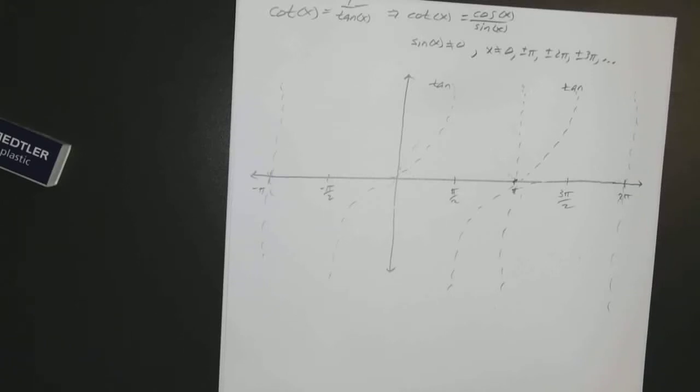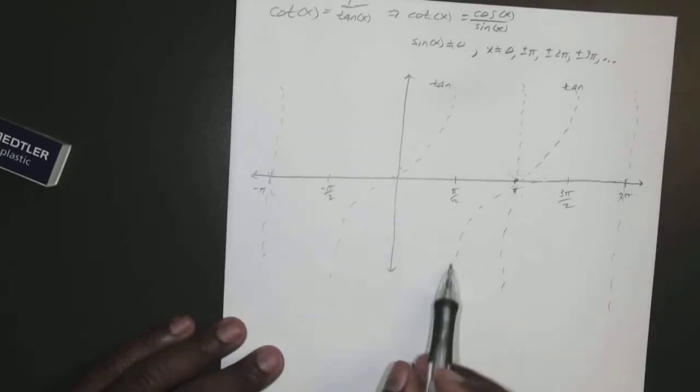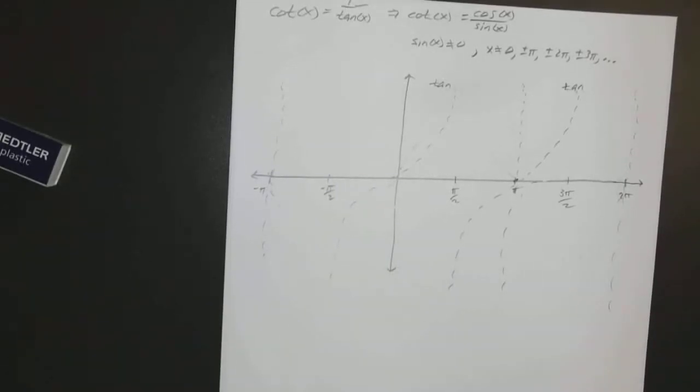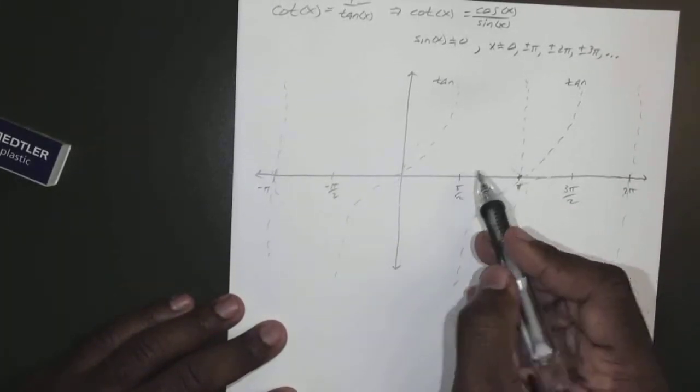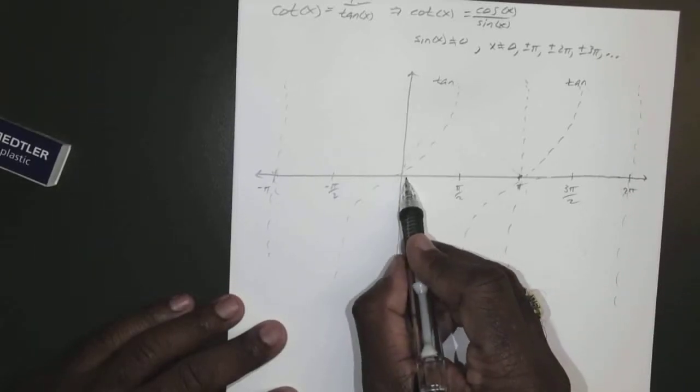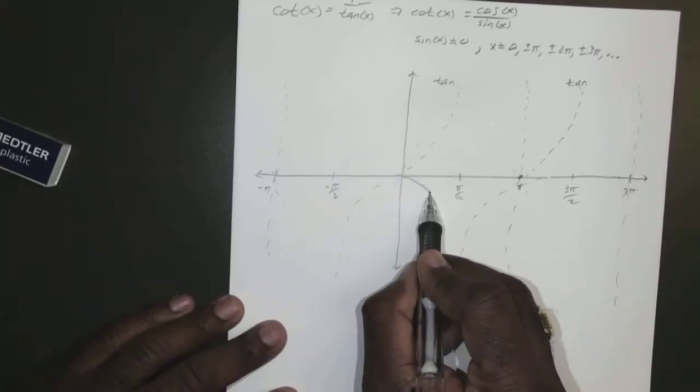Okay, so now, since it's the reciprocal, this is flipped, and this is flipped. So really, you're just getting your tangents and you're flipping them. Instead of getting the entire thing, you can just have it flip.